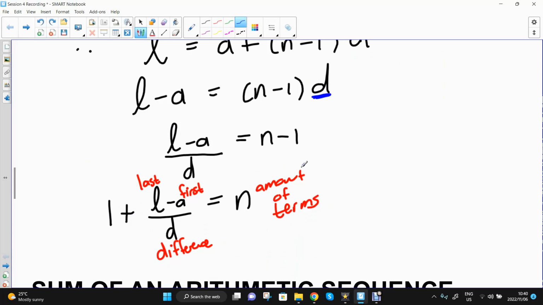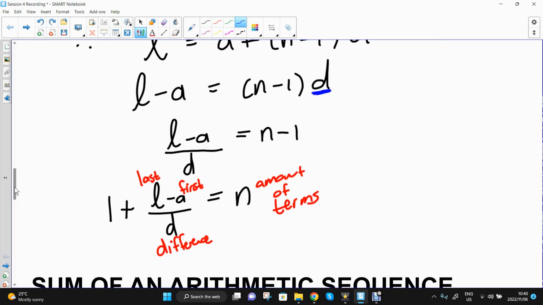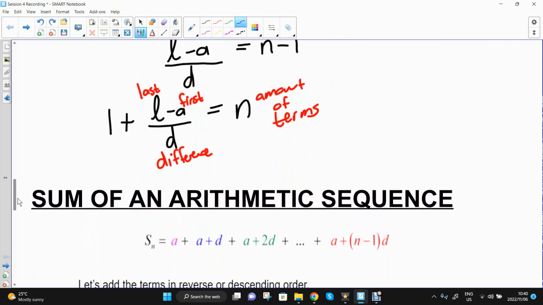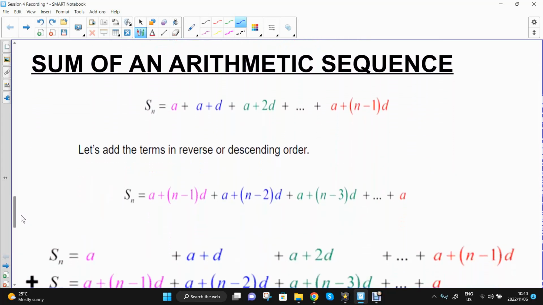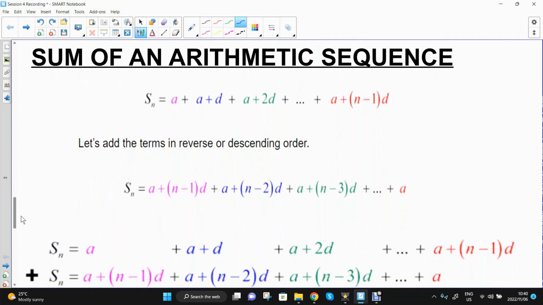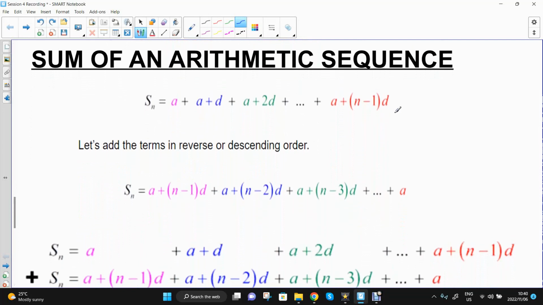If you want the amount of terms and you have your last term, you've got your first term, and you've got your common difference, then this you need to memorize. So it's 1 plus the last minus the first divided by the difference, and you will get your amount of terms. Very easy.